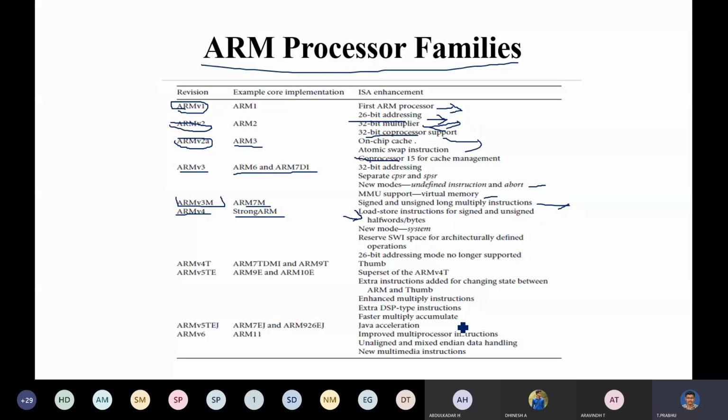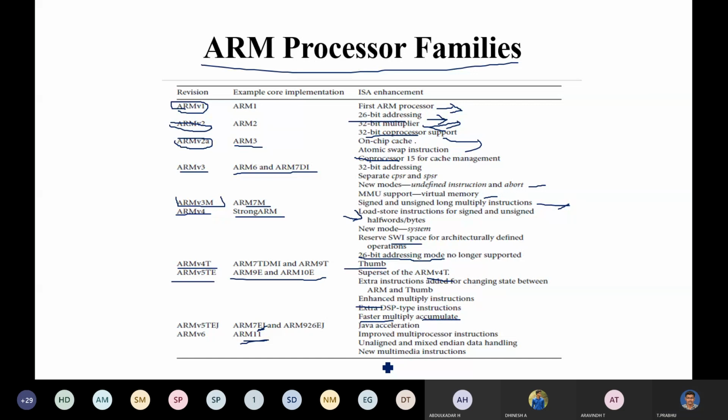The ARM processor being developed has certain advantages. Then ARM version TEJ with Java acceleration, ARM 7EJ and ARM 926EJ. Code includes multi-processor instructions and unaligned mixed endian handling, and then new multimedia instructions. So these are all the versions.